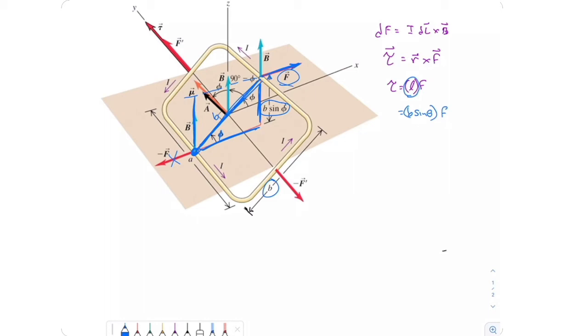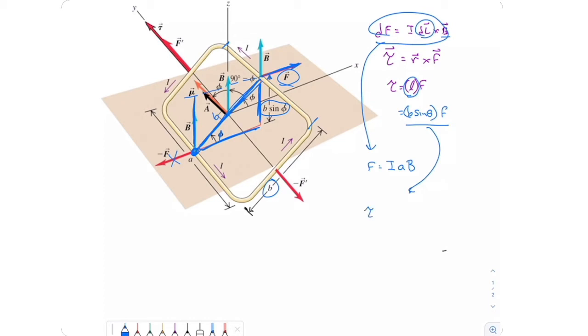And the force up here that I'm plugging in, I can say is the current times the length. If I were to integrate that length from one side of this to the other, that would just give me a length A. And it's perpendicular to the magnetic field, so that cross product is just going to have a magnitude that's equal to the magnitude of dl times the magnitude of B. So we're getting the magnitude of the force is I A times B. So let's plug that into here.